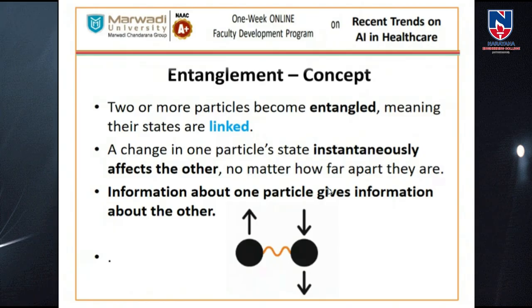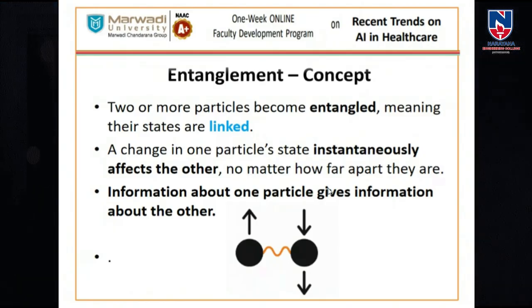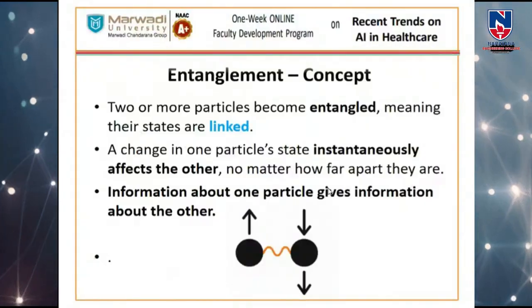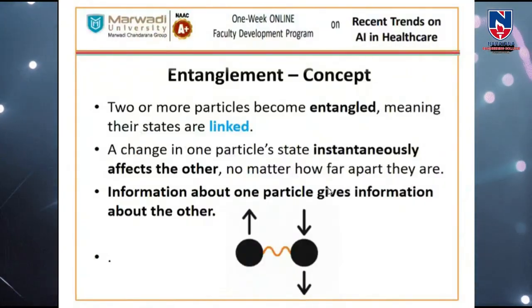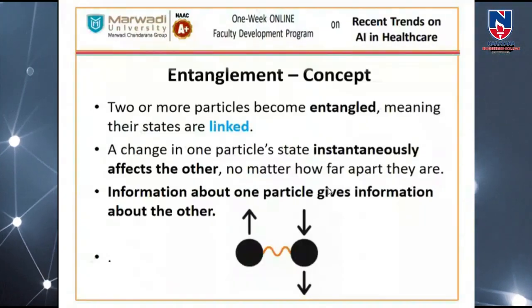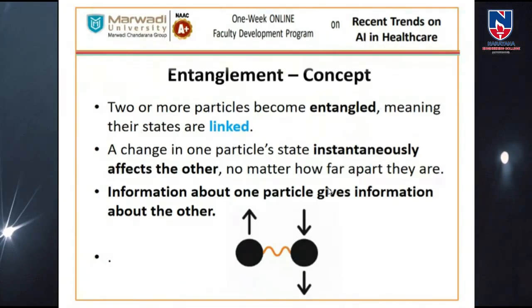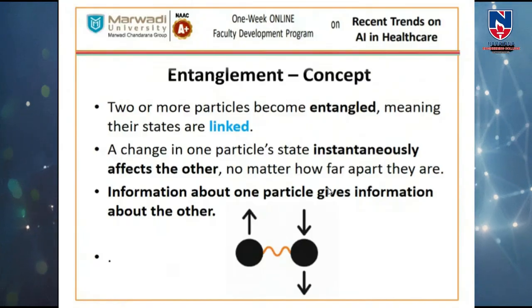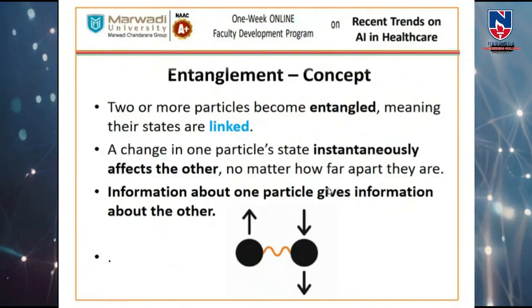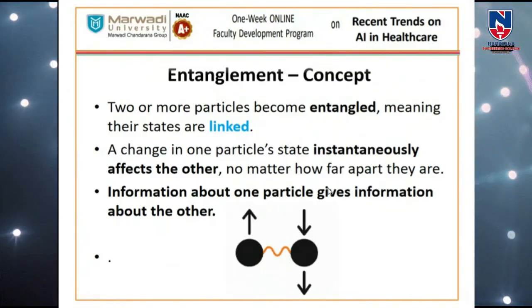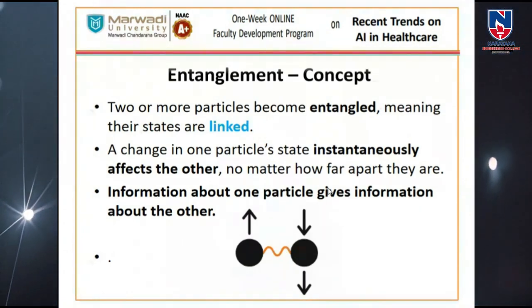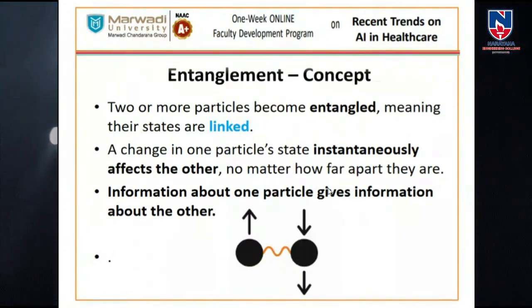Let's say two or more particles become entangled, meaning their states are linked. The change in one particle's state instantaneously affects the other, no matter how far away it is. Let me conclude here: in entanglement, information about one particle gives information about the other. That means one measurement is enough to know the status of both.